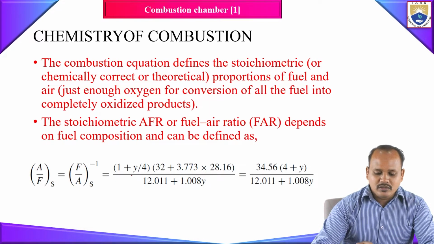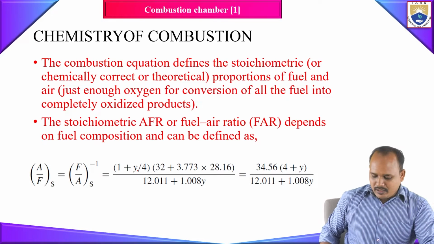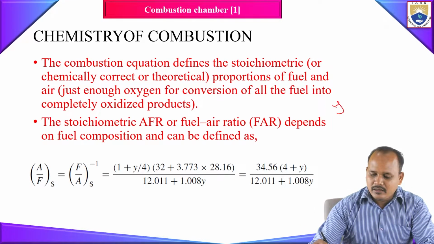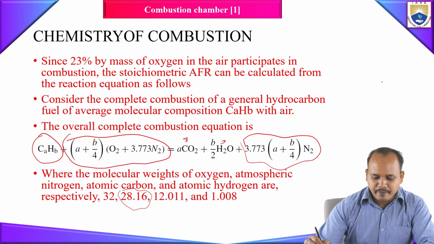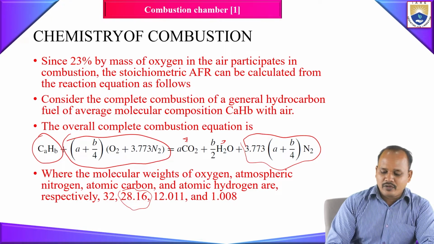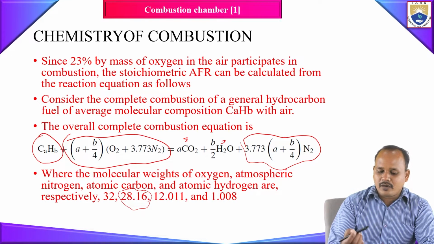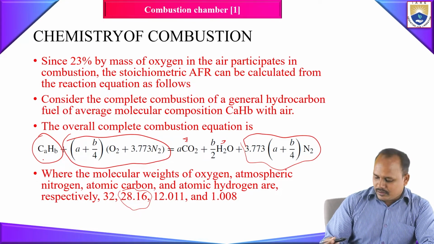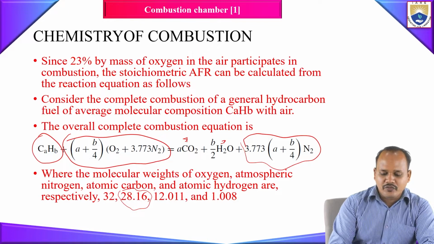So as you can see here, y is basically b by a. How do I find the mass fraction? You should know the mass of your fuel and the mass of your air.